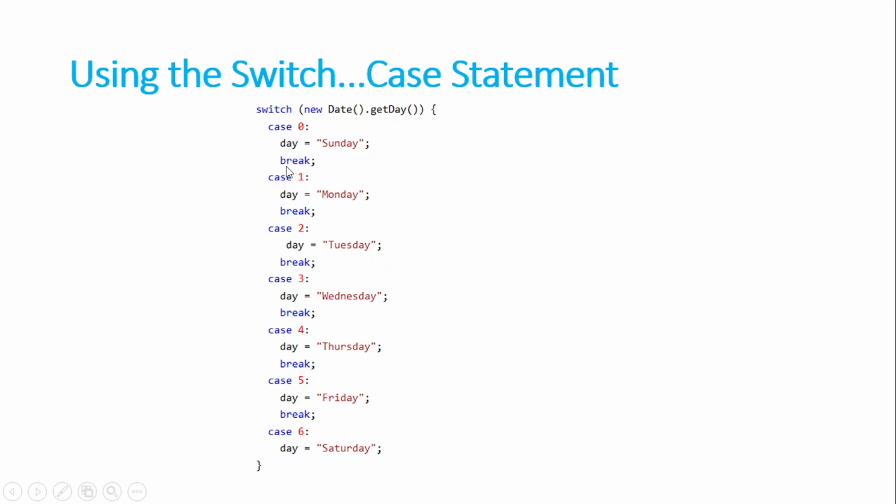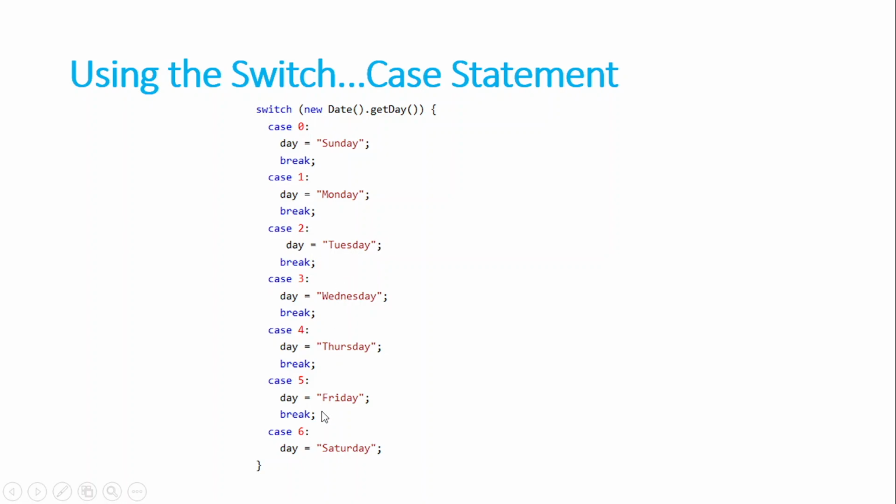Then if this doesn't match, we can check the other case, which is 1. Whatever value we get here in the switch is what is checked in the cases. So if it is 0, then the value of the day variable will be Sunday. Otherwise it will check this one, Monday.